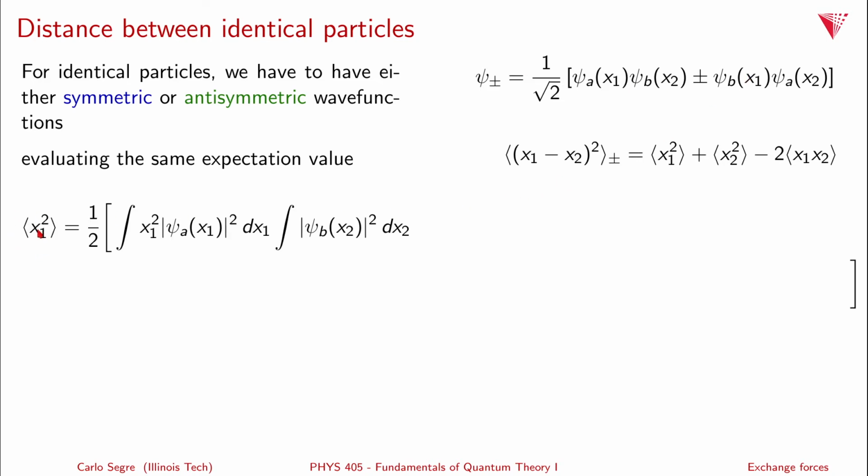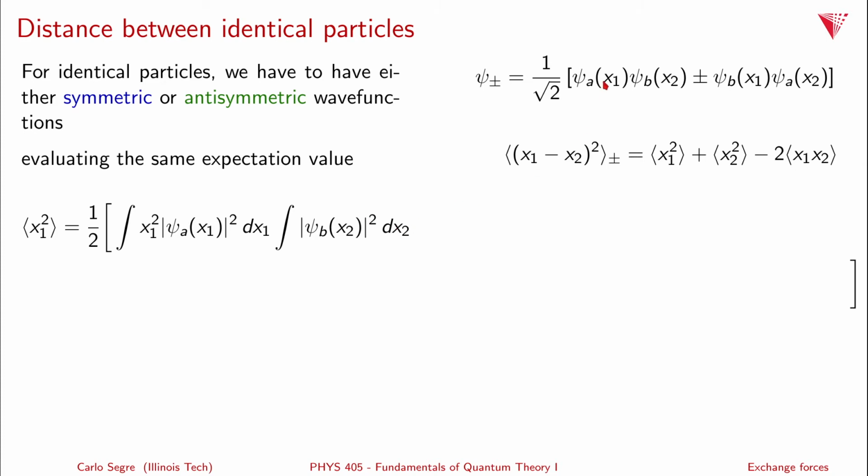So the expectation value of x1 squared has a factor of 1/2, because now we have to square that wave function. And then we have the integral of x1 squared. And now we have to multiply these out. So with this squared, you get the integral of psi a of x1 modulus squared dx1, and then you have the integral of psi b of x2 modulus squared dx2.